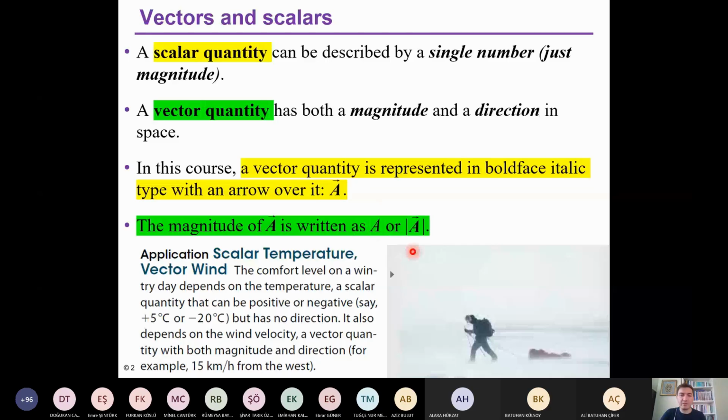This is vector, this is magnitude. This is vector, this is magnitude, okay? Don't forget this one. So this is the main difference between scalar and vector. So force, for example, is a vector. Momentum is a vector, okay? Temperature is scalar. Energy is scalar. So you will see many vector quantities. We will discuss them later on.